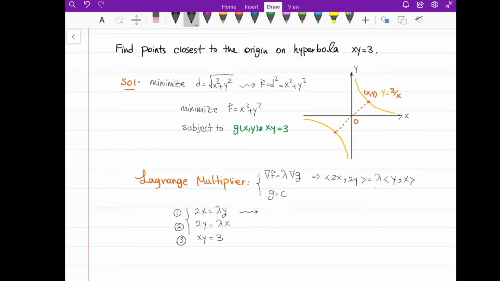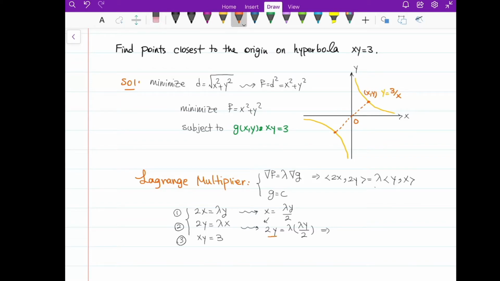For the first one, x is equal to lambda y over 2. Then I'm going to plug that into equation 2, so I get 2y equals lambda, and instead of x I write lambda y over 2. So I get 4y equals lambda squared y, after cross multiplication.